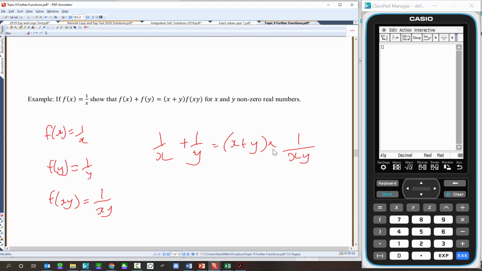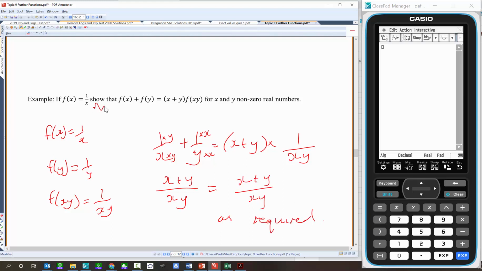What should happen here is I'll be able to align these two. So I'm going to multiply by y, multiply by y, multiply by x, multiply by x. And I've got (x plus y) over xy, which is the same as, if I multiply this out, (x plus y) over xy, as required.